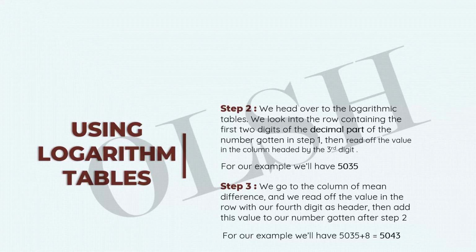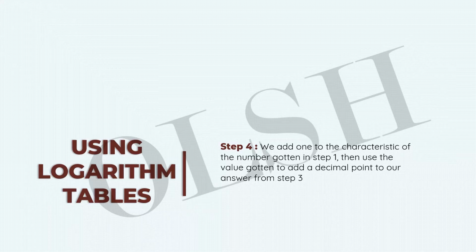All right. So fourth step, we add 1 to the characteristic of the number gotten in step 1, then use the value gotten to add a decimal point to our answer from step 3. Our characteristic, that's the integral part, which we got in step 1 was -3. So if you add 1 to it, we're going to be having -2. So our final answer will be 0.00504.